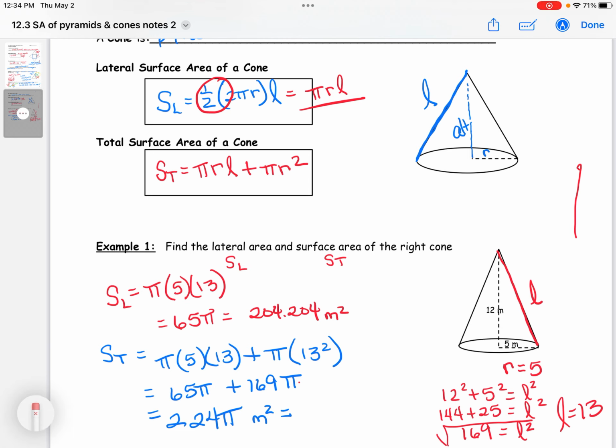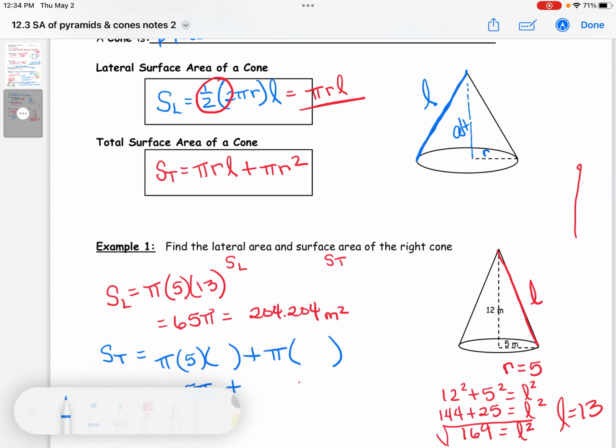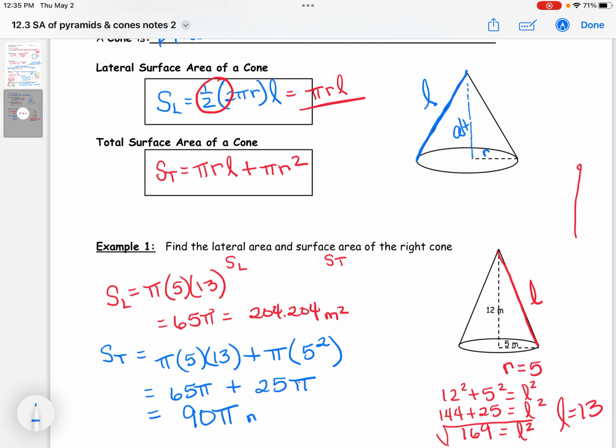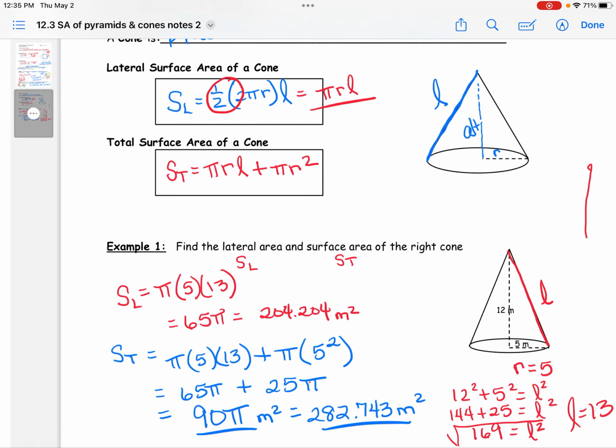It's a good thing y'all are paying attention. That's not 13. Okay, let's start that over. It's 5 times 13 here, but it's 5 squared here. So it's 65 pi plus 25 pi, which is 90 pi square meters, which is 282.743 square meters. And I would take either answer at this point.